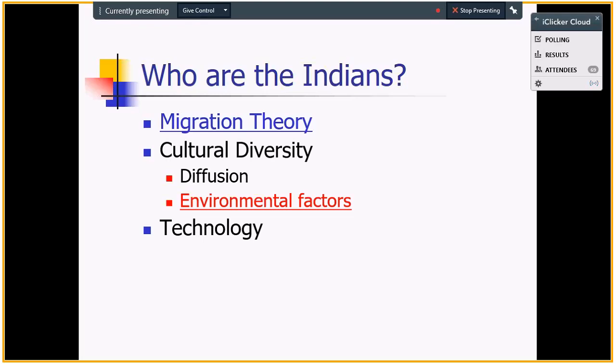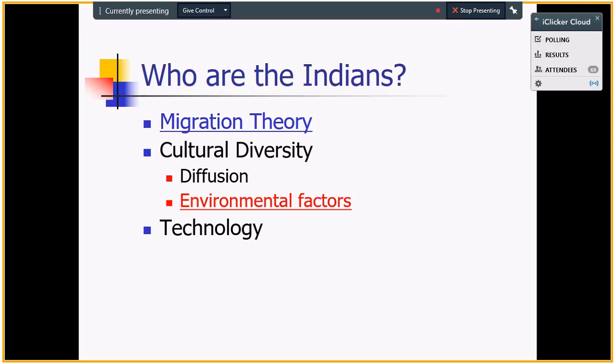Now, the Native Americans had technology. They made tools. That's one of the basic features that separates our species from all of the other animals. We have the ability to make tools, things that make our lives easier, that make some particular task faster or less dangerous.